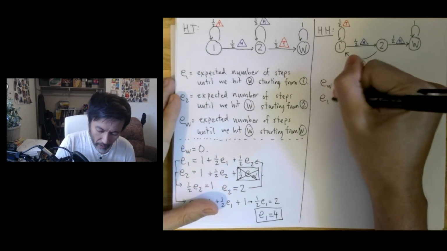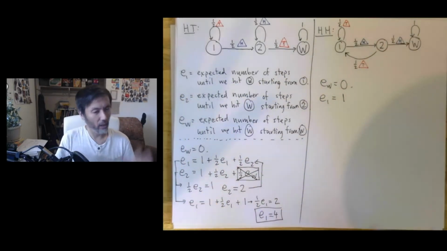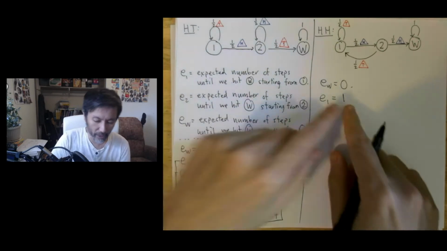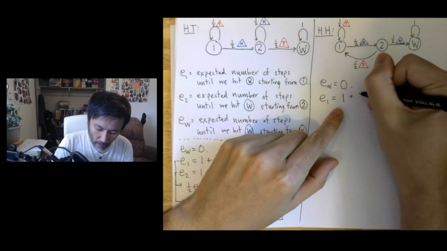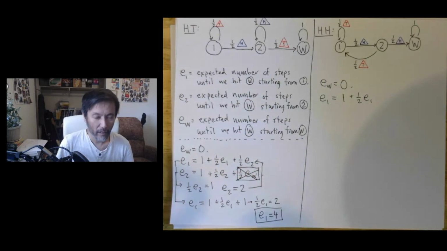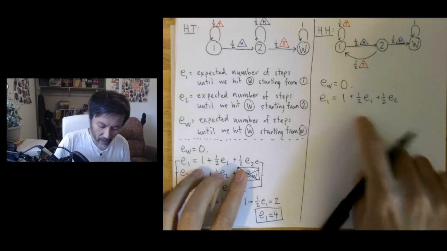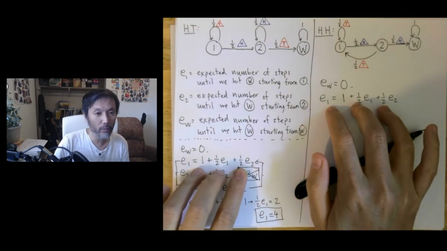What about E1 now? Well, E1 is going to be the one step represented here, plus half the time we end up back in state 1, and half the time we end up in state 2. Note, these two equations for each of these two models are the same.